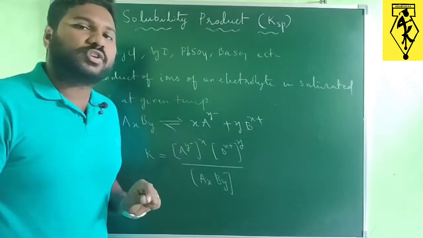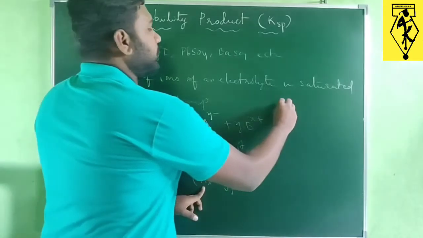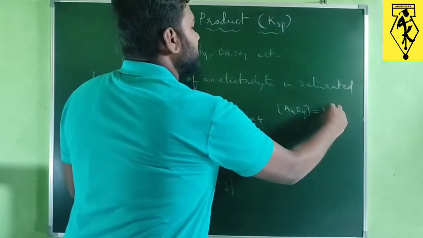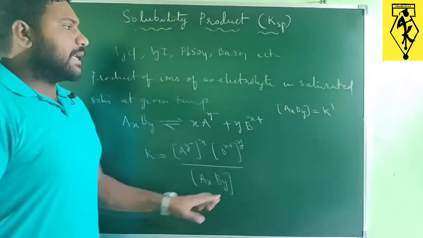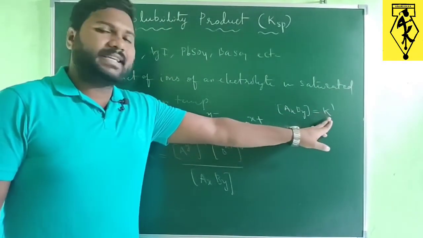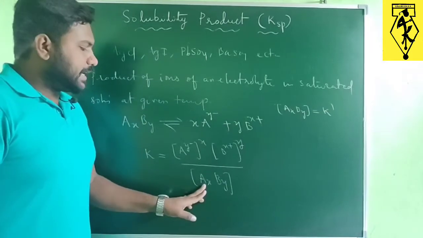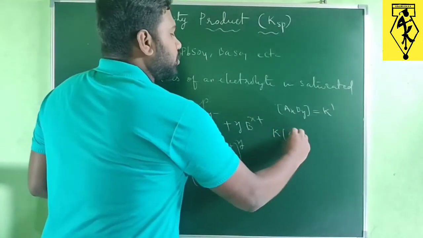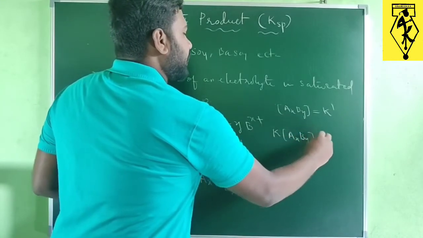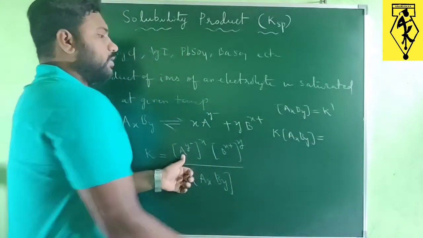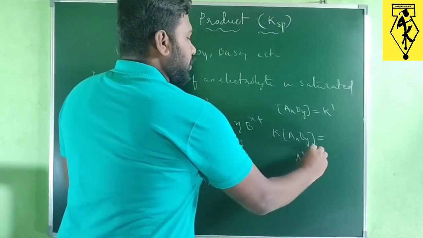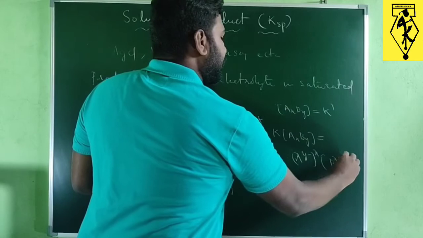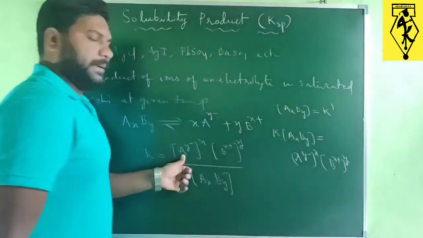When the solution is saturated, the concentration of AxBy becomes constant, and I am taking that constant as K prime. If we send this AxBy to this side, it becomes K into [AxBy], which equals the product of [A^(y-)]^x into [B^(x+)]^y.